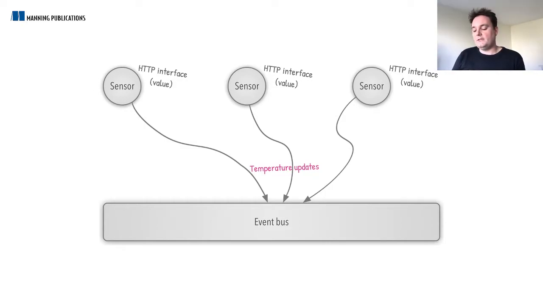So the idea is to have these simple sensors. Each of them is going to be a microservice. It's going to expose an HTTP interface, a very simple API we will be able to get data from. And whenever they update the temperature, they will push an event to what we call the Eventbus. And we will see what happens.